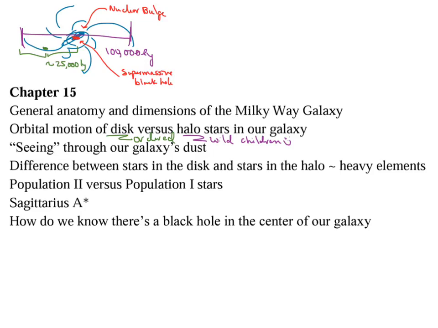The orbital motion of the disk stars versus the halo stars. The disk stars are nice and orderly. So our sun is what? Is it a disk or a halo star? Our sun is a disk star, nice and orderly. And then the halo stars are the wild children. They are more random.